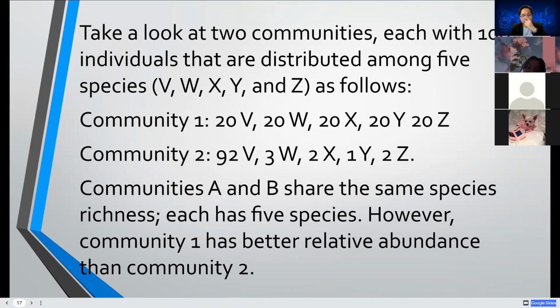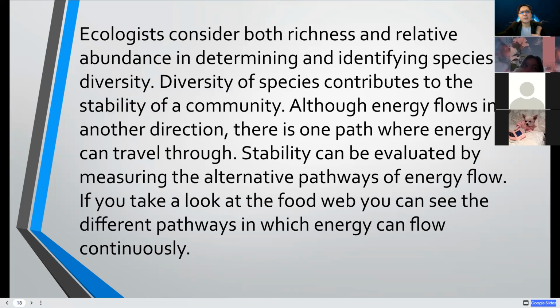That's how we analyze ecology or the ecological niche. Ecologists consider both richness and relative abundance in identifying species diversity.